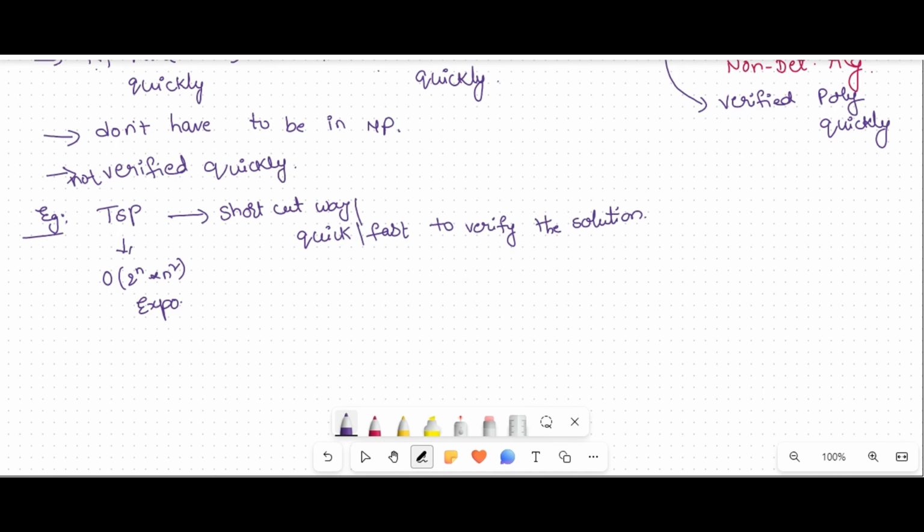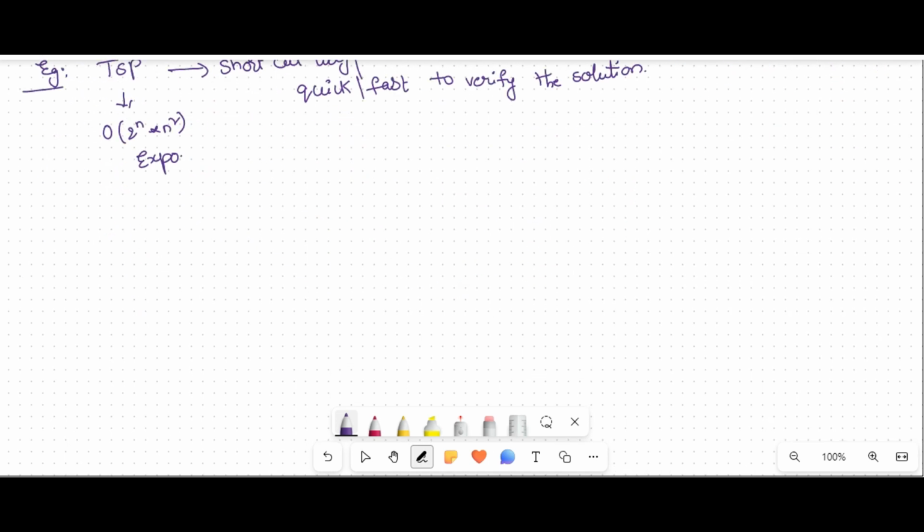Now what is the next category? NP hard and NP complete are the two types under NP. The first is NP hard and the other is NP complete, or NP completeness.